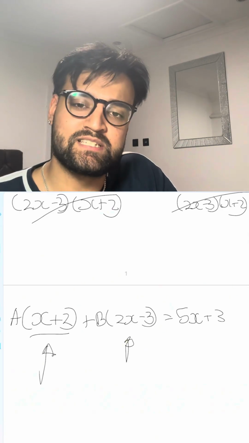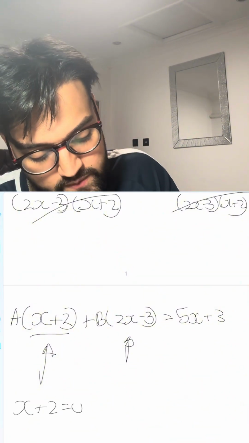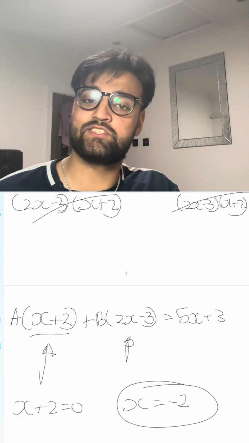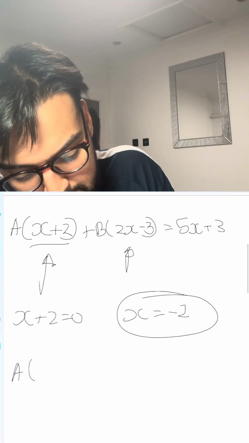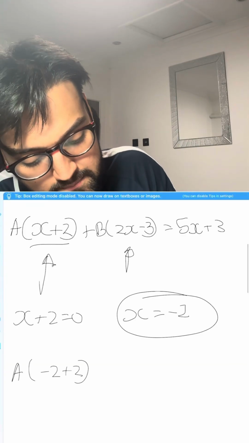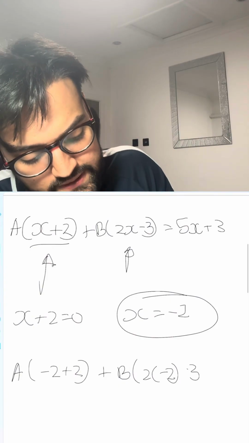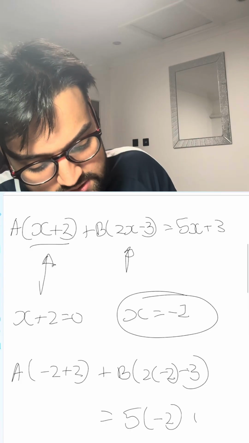x plus 2 will disappear, or in other words go to 0, if x is minus 2. If x is minus 2 and we plug it in, minus 2 plus 2 is 0. That leaves me with a lots of minus 2 plus 2, plus b lots of 2 lots of minus 2 minus 3, equals 5 lots of minus 2 plus 3.